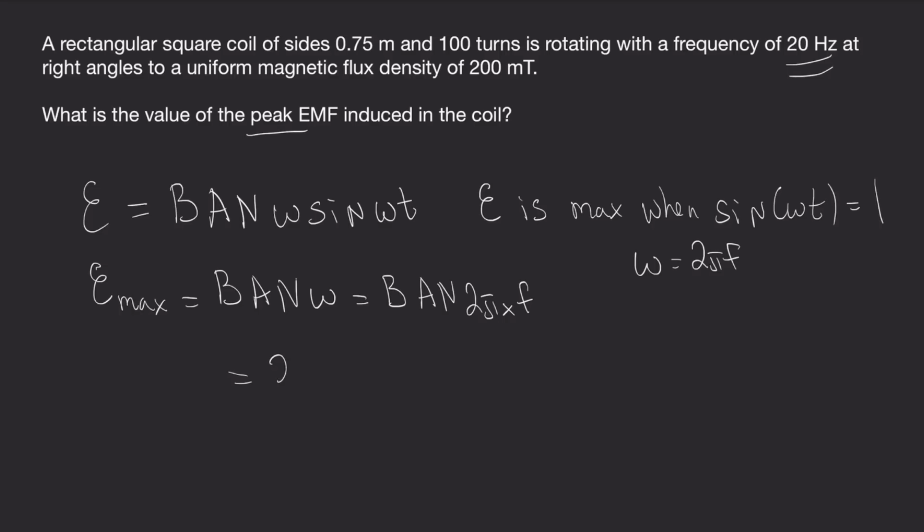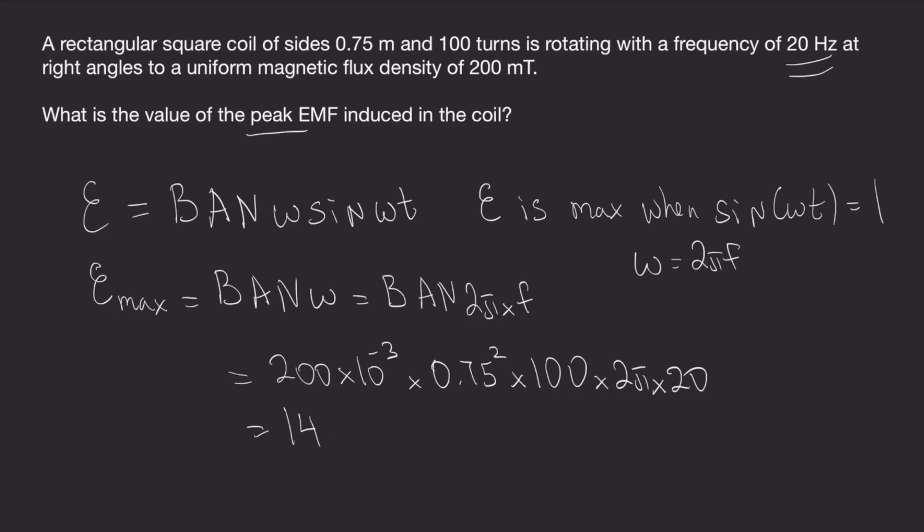B is just 200 millitesla. The area is 0.75 squared multiplied by the number of turns, which is 100. Multiply this by 2 pi, multiply this by 20. And this here is going to give me around 1,400 volts. So that's a lot of voltage in this case.